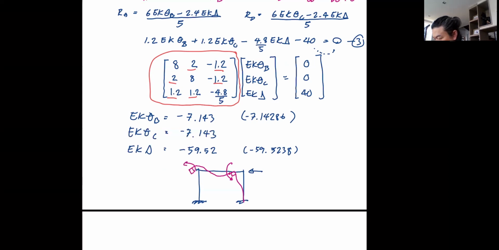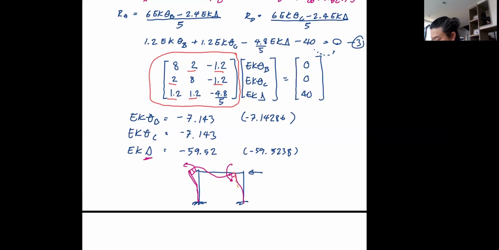And here is something like this. Okay, and look at this. Another one is EK delta. Now delta is, again, you see that your frame is now moving like that. So you see the sign is also counterclockwise.